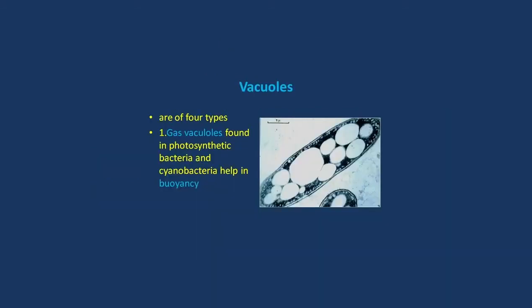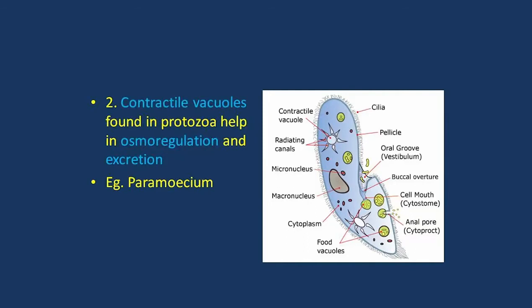Now let us look at the fourth component of the endomembrane system, vacuoles. Vacuoles are of four types. Number one, gas vacuoles, which are found in photosynthetic bacteria and cyanobacteria, which help in buoyancy. Number two, contractile vacuoles, which are found in protozoa like amoeba or paramecium.